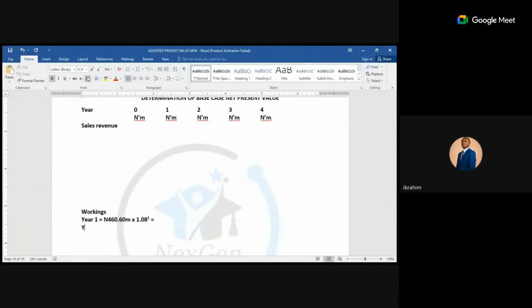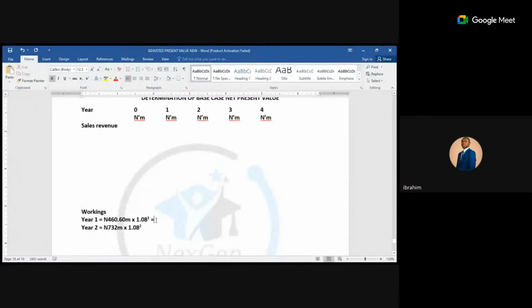Year 2. What is the figure given to us in year 2? 732. 732 times 1.08 raised to the power of 2 per annum.